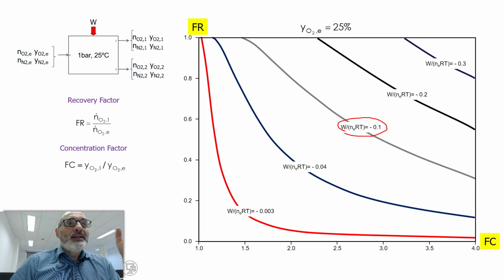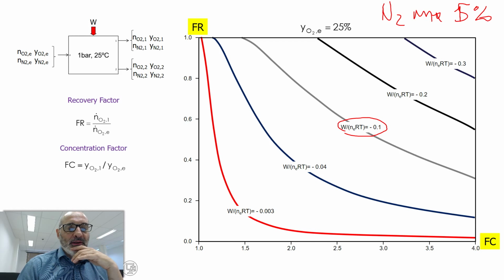Now, just for the sake of reasoning, let's suppose that the maximum amount of nitrogen is, I don't know, 1% or a little bit more, 5%. If this is so, I can do nothing. This corresponds to 95% of oxygen, and let's say it's this point. So I have this point here.